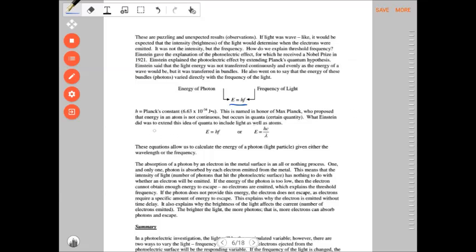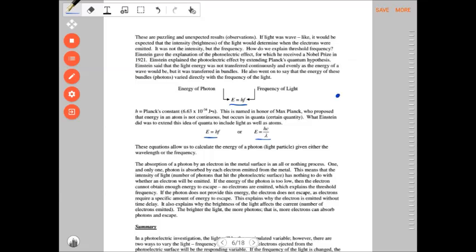What Einstein did was extend this idea of quanta to include light as well as atoms. So E equals hf, E equals hc over lambda. We saw those last section. These equations allow us to calculate the energy of a photon given either its wavelength or its frequency. So we have these little tiny light bundles that have certain energy.